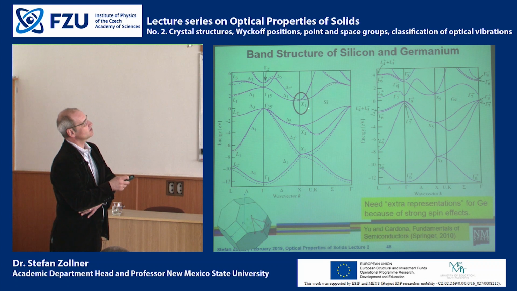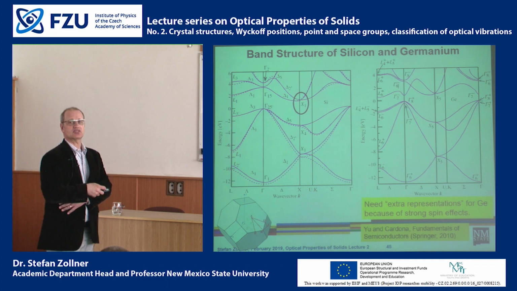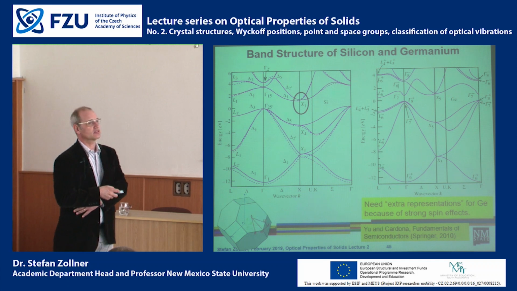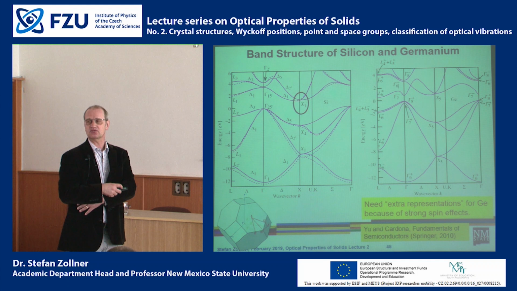You see that the X point in the diamond structure is always doubly degenerate. And that has to do with something that comes from the space group, not from the point group.